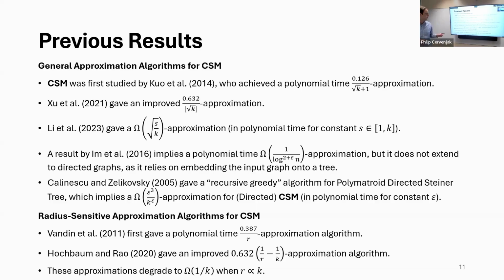And then also this result by Kalinescu and Zelikovsky, they gave a recursive greedy algorithm for this related problem of polymatroid directed Steiner tree. Don't worry too much about it, but it's like a variant of Steiner tree where you're trying to cover a submodular function or an integer valued submodular function. But the point is that the algorithm can be shown to imply this approximation with 1/k to the epsilon.